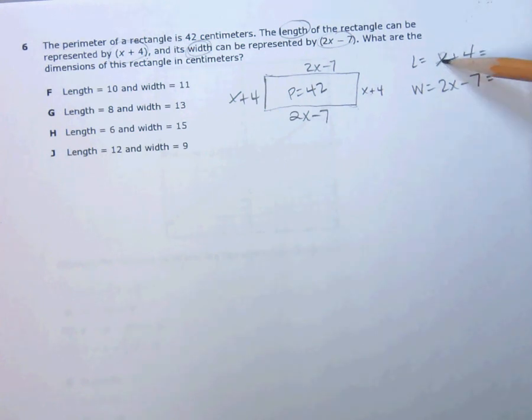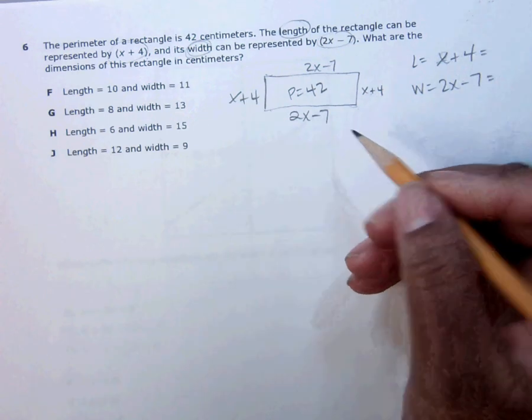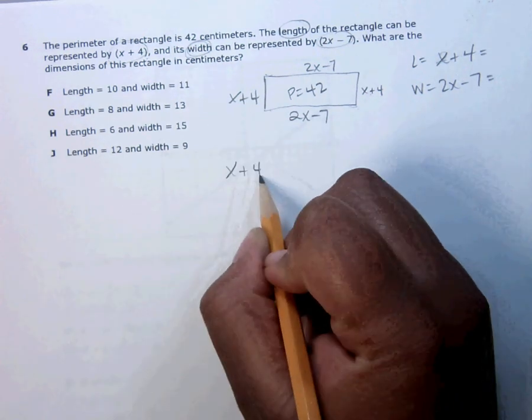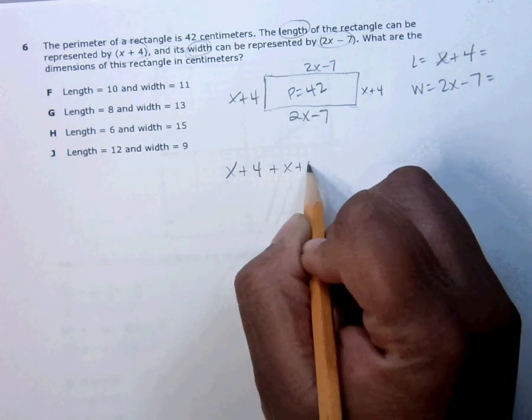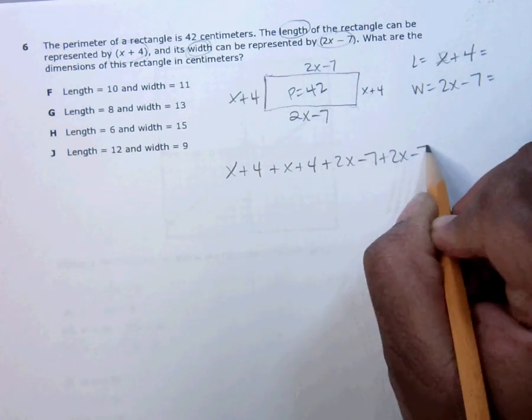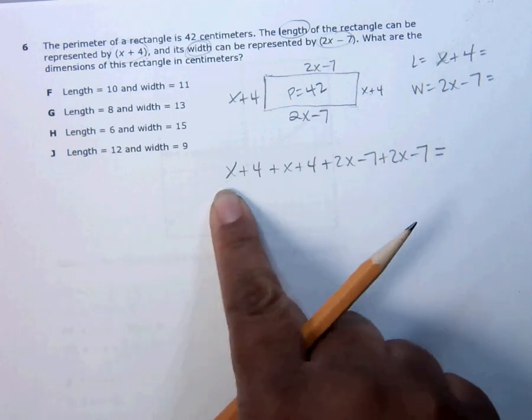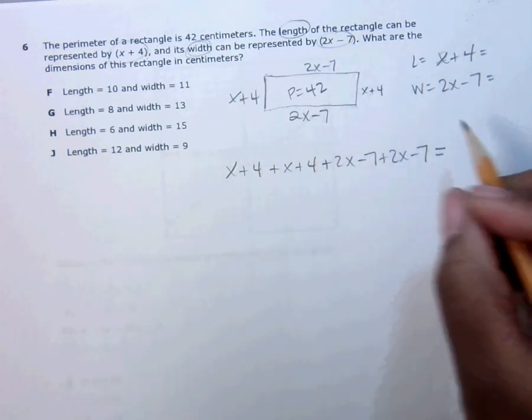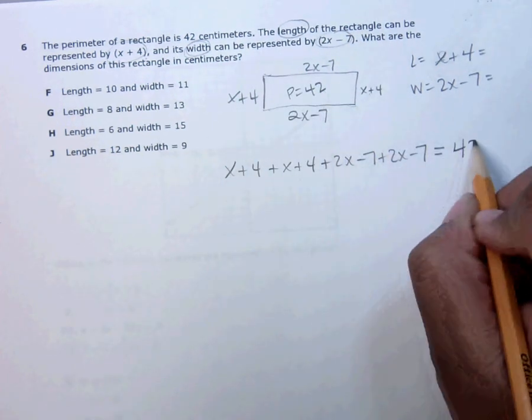I don't know x. So to figure x out, I know that x plus 4 plus x plus 4 plus 2x minus 7 plus 2x minus 7 equals the perimeter, because that's every side added together. And the perimeter is 42.